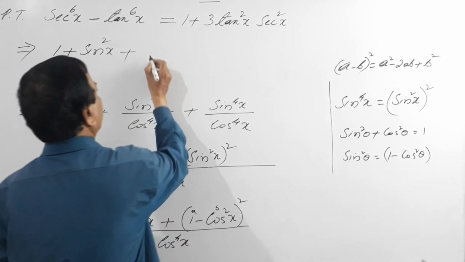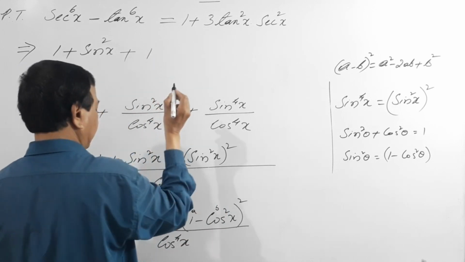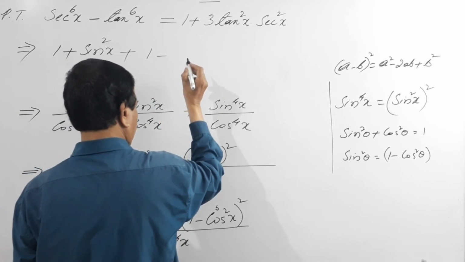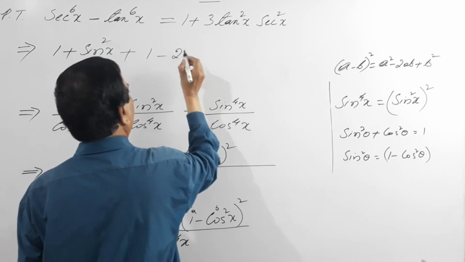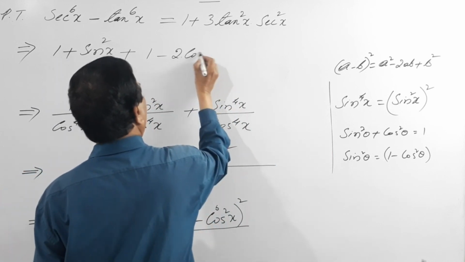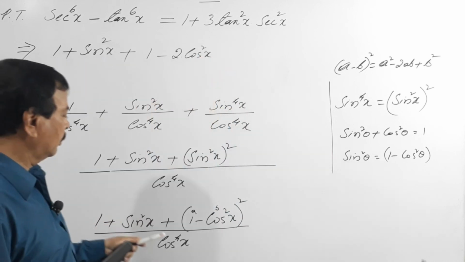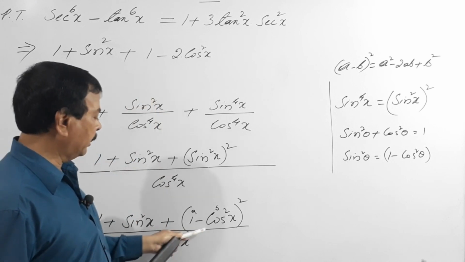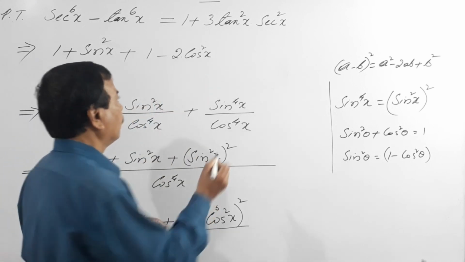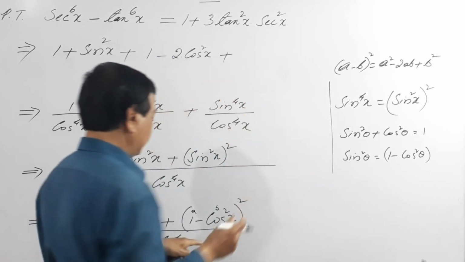So a will be 1 square, 1 square is nothing but 1 itself, minus 2ab, 2 into cos square, b is 1, I will neglect that, plus b square.